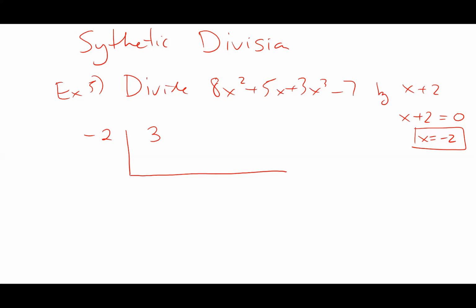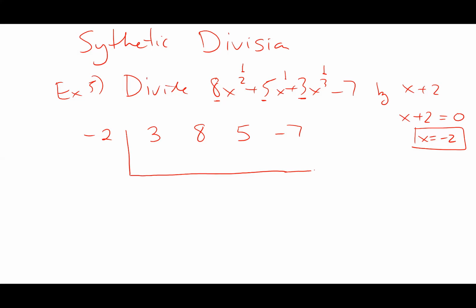Next one, the 8. Then I heard 5 is the next one, right? We're just going to go down. So x cubed, we took care of the 3. X squared, we took care of the 8. X to the 1 is the 5. And then the constant term right over here.